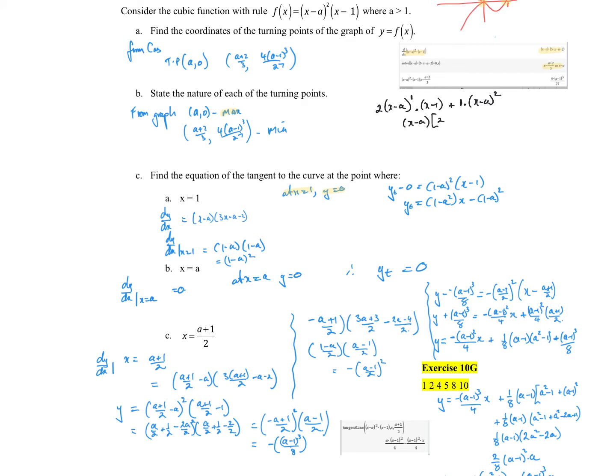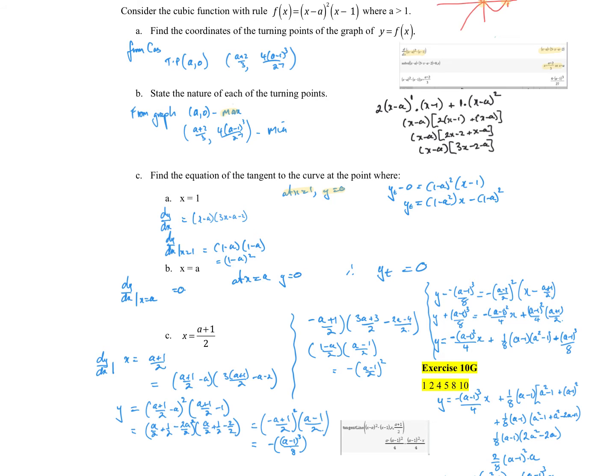That gives me x minus a outside of 2x minus 2 plus x minus a. Gives me x minus a times 3x minus 2 minus a. So there's a derivative that our CAS has generated for us.